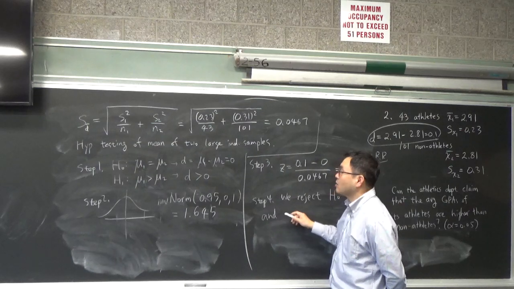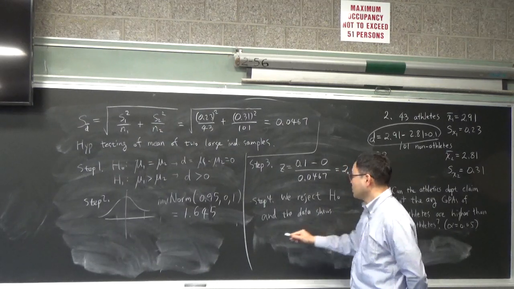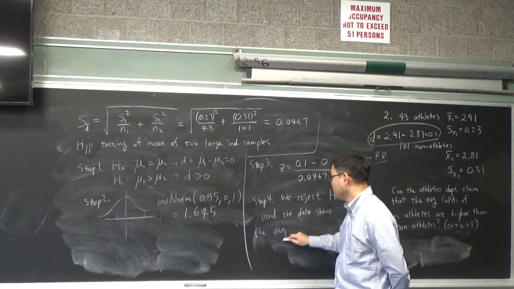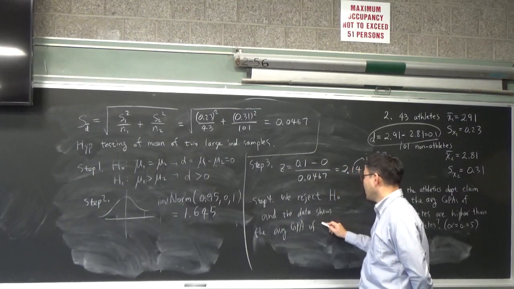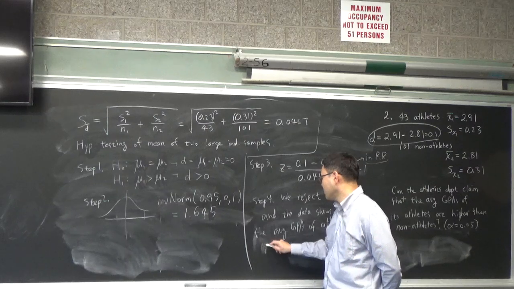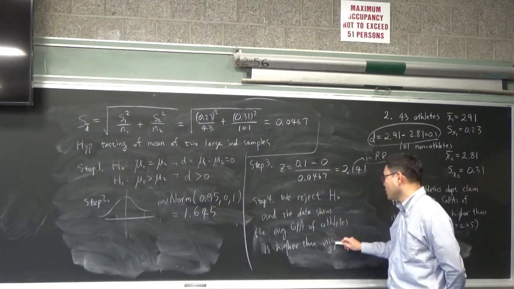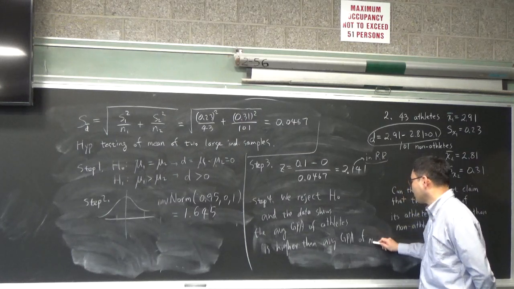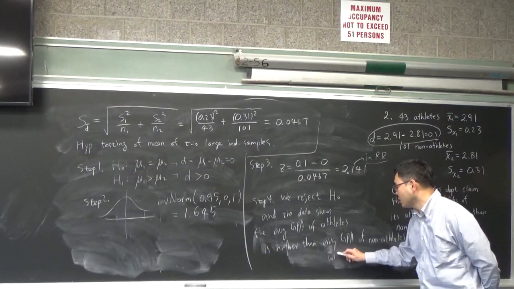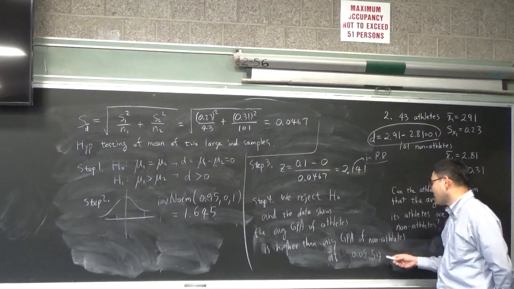And the data shows the average GPA of athletes is higher than the average GPA of non-athletes with 0.05 significance.